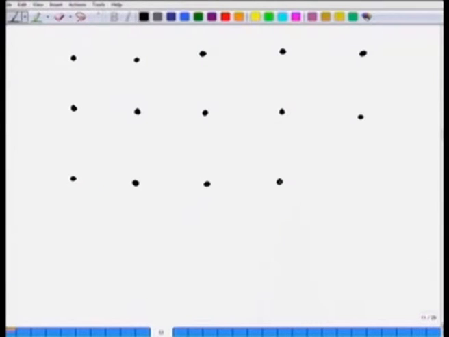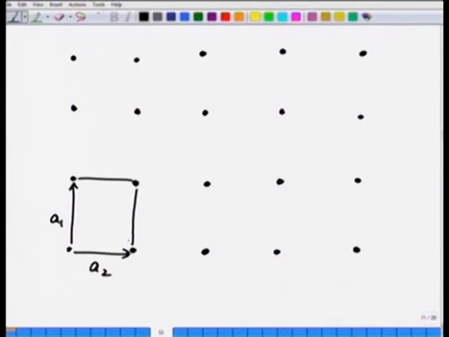The choice of unit cell is yours, how you choose your unit cell. For example, a person may choose the unit cell like this based on these A1 and A2 vectors, and you can always imagine the third one also in 3 dimensions. It is easier for me to draw in 2 dimensions.